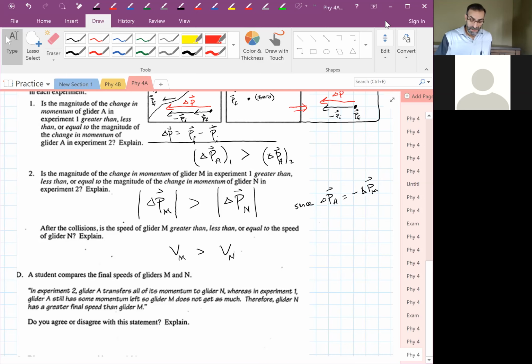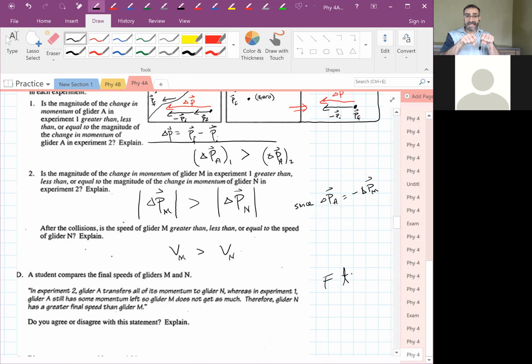Question here about whether the mass matters. These two carts, A and M, have different masses. It does not matter. Because this all comes from impulse, right? Force times the time interval. Impulse is change in momentum. When two objects interact with each other, the forces have to be equal and opposite.